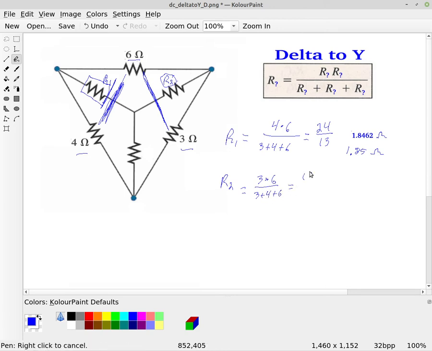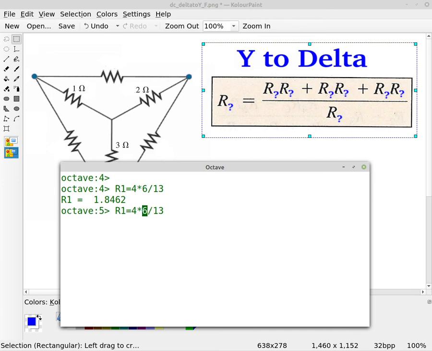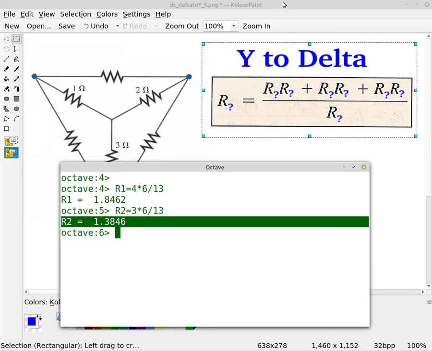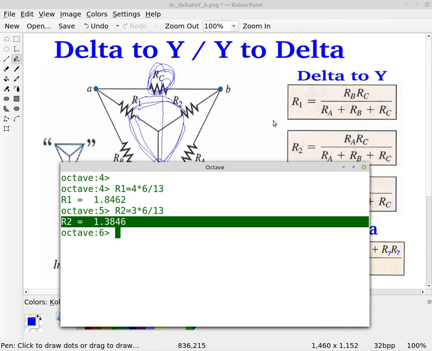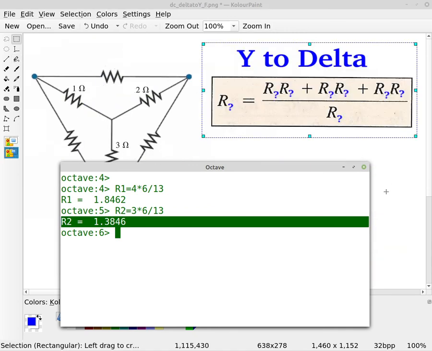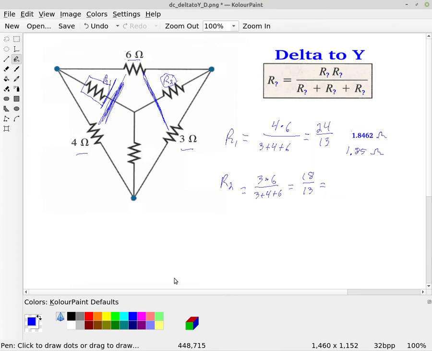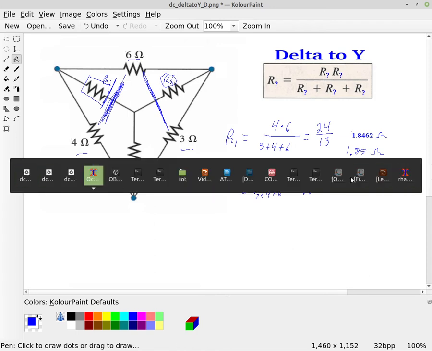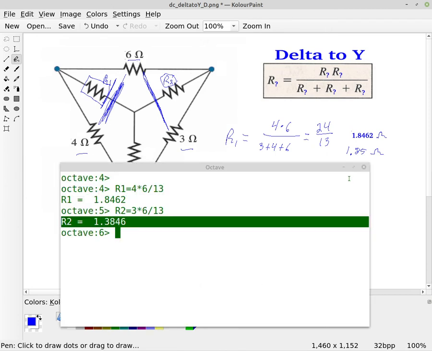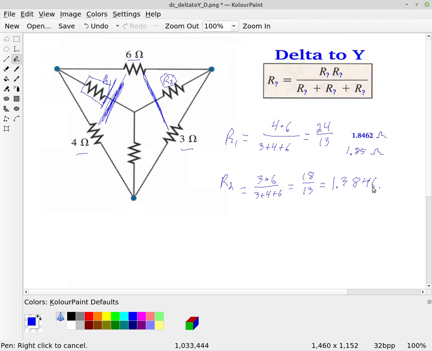So we have 3 times 6, which gives us 18 divided by 13, and that gives us 1.3846 ohms.